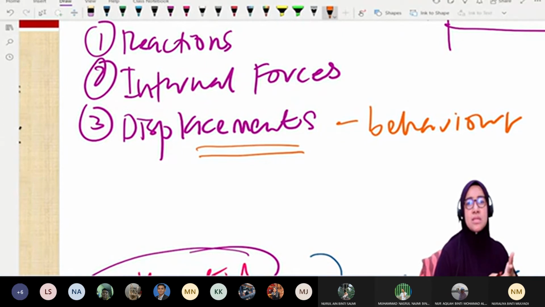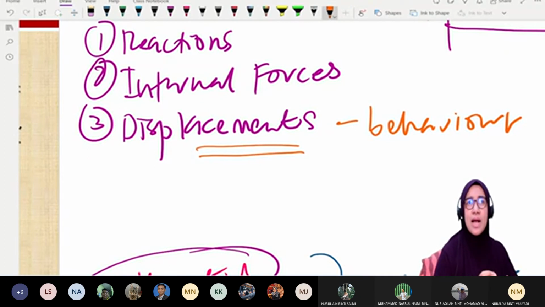That's why we can just calculate by using the equilibrium equation. That is all the limitation that we made. In real things, what we study is actually based on some limitation.